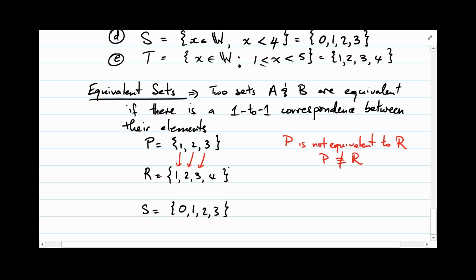However, if I looked at set R and set S, they are equivalent. So again, if I set up my equivalence relation or one-to-one, it doesn't matter how I do them, right?